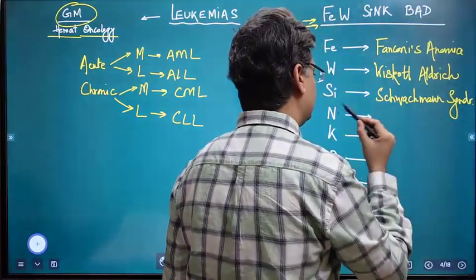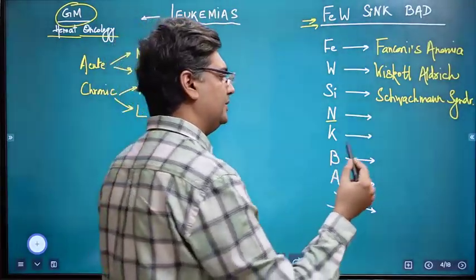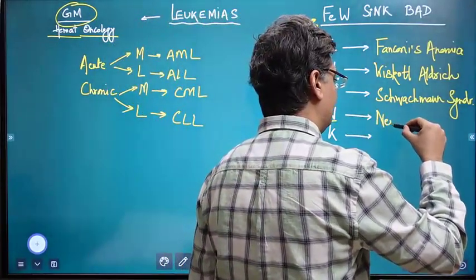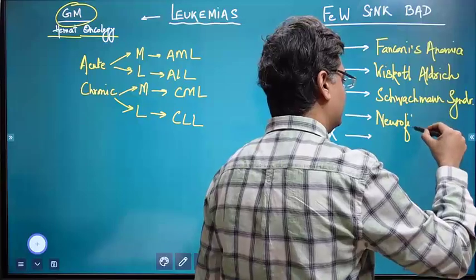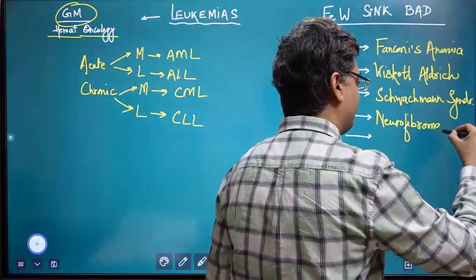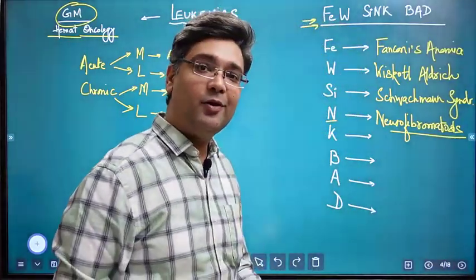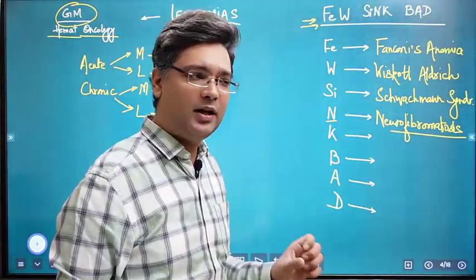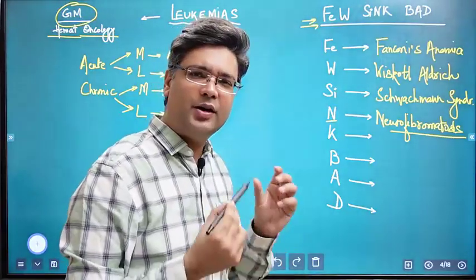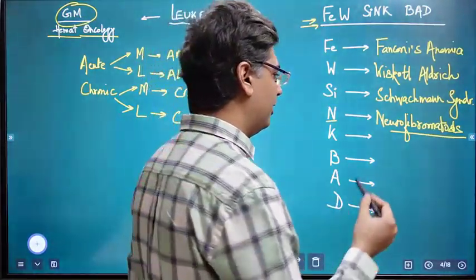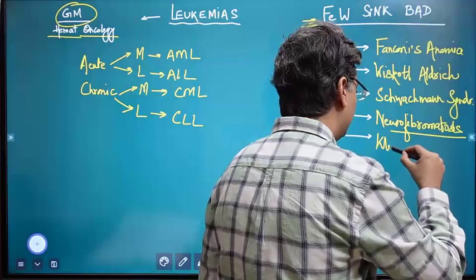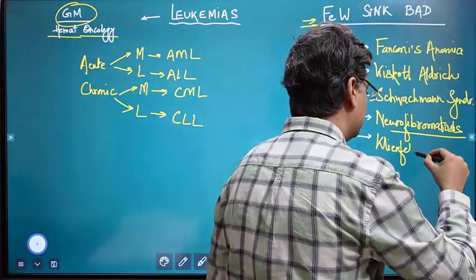Okay, next is N here, and this signifies neurofibromatosis. This we will cover elaborately in oral pathology when I talk about neoplasia in detail. Then we will take a look into detail at what the mechanism is, what the genes are, and how it is playing along. Okay, K is for Klinefelter's syndrome.